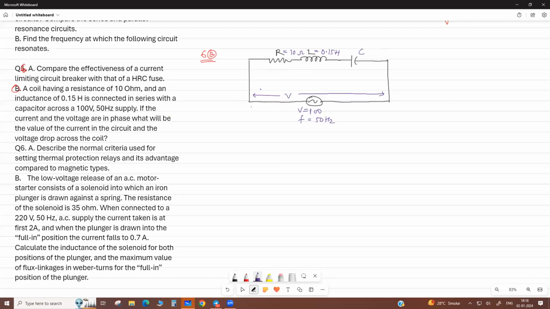Now this total voltage and the current flowing through this circuit, I. The phase difference between voltage and current: it says that the voltage and current are in phase. In phase means phase difference is 0.